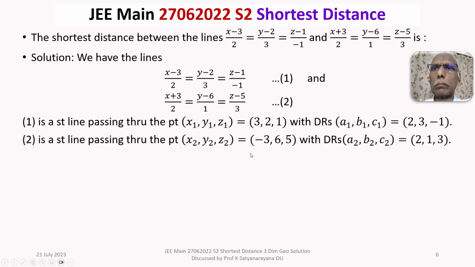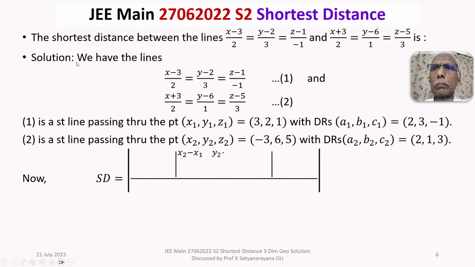And we have the formula for the shortest distance. The shortest distance is given by the modulus of a quotient.